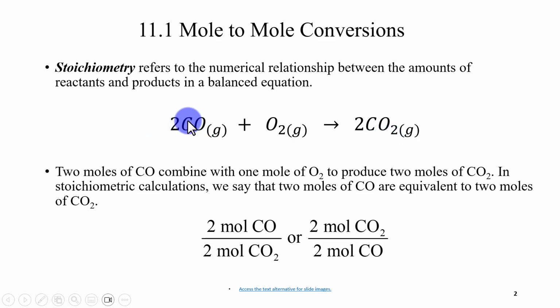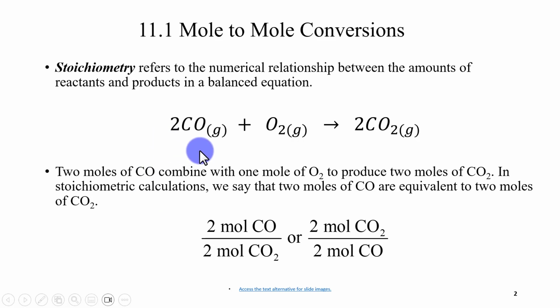So if I start with a certain amount, it doesn't necessarily have to be 2 moles, but if I start out with a certain amount of CO and I want to find out how much CO2 I am going to produce, then I can write these conversion factors from these coefficients here, and I can write them in a fraction, just like we've been doing. This way, I can either have 2 moles of CO for every 2 moles of CO2 at the bottom, or I can have those two flipped: 2 moles of CO2 for every 2 moles of CO.